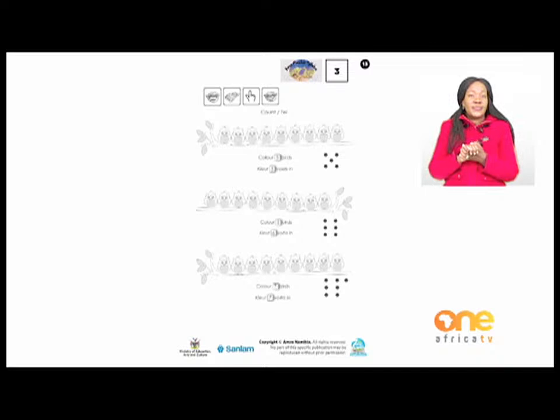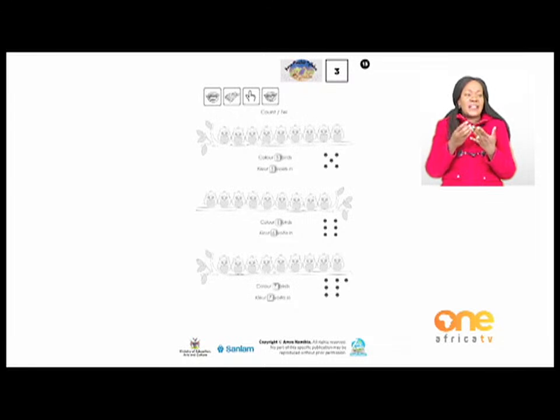On page 13, we are instructed to count. Let's count and see how many birds are seated on the branch.